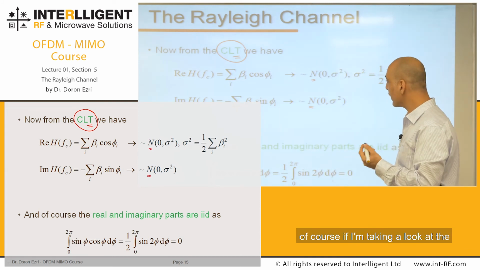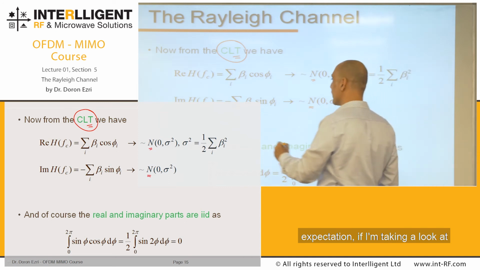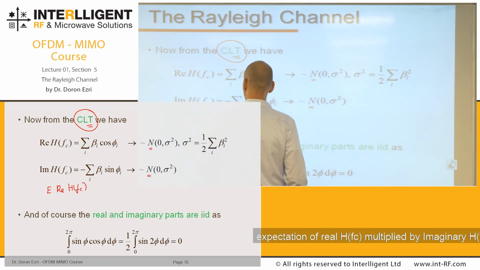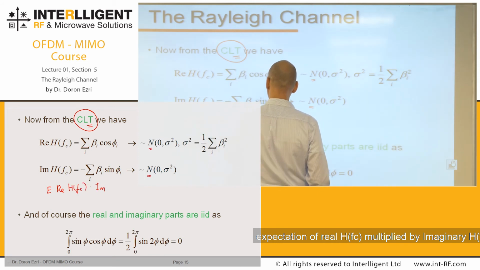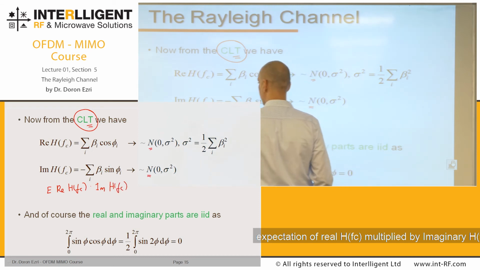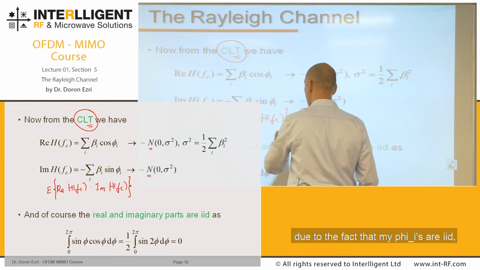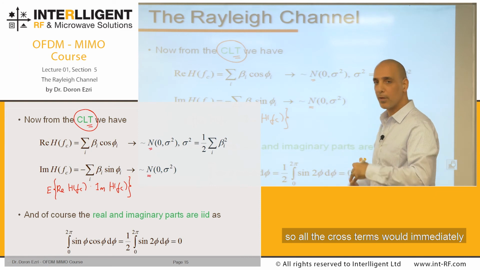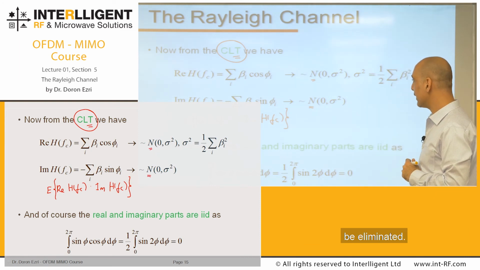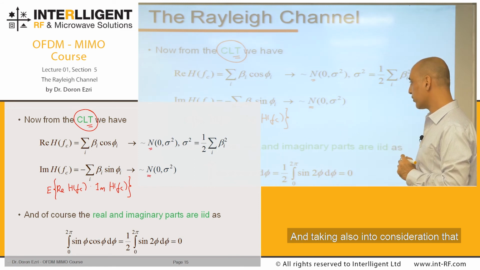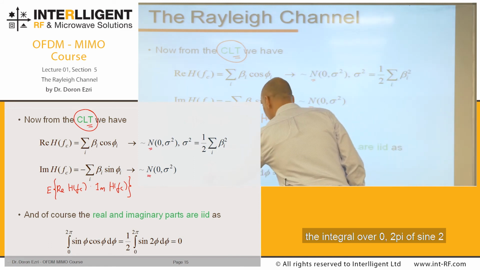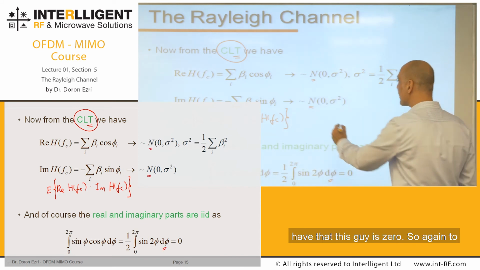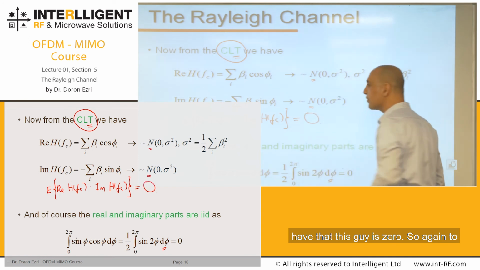But of course, if I take a look at the expectation of the real part of h(fc) multiplied by the imaginary part of h(fc), due to the fact that my phi i's are IID, all the cross terms would immediately be annihilated, and taking into consideration also that the integral from 0 to pi of sine 2 theta is 0, then essentially this is 0.